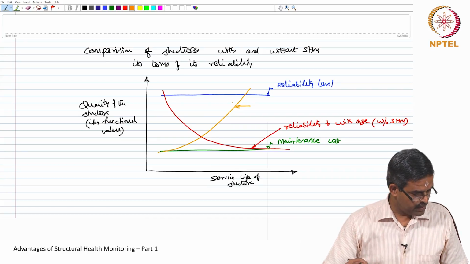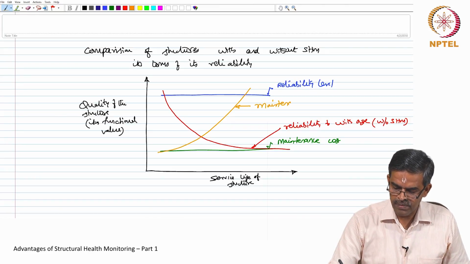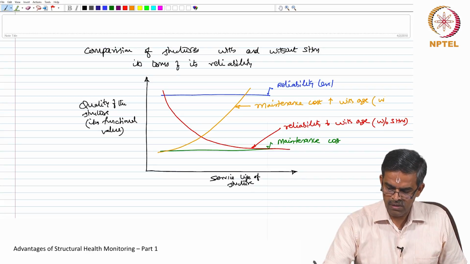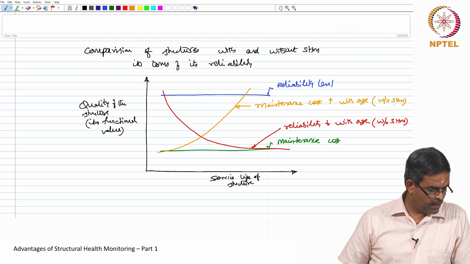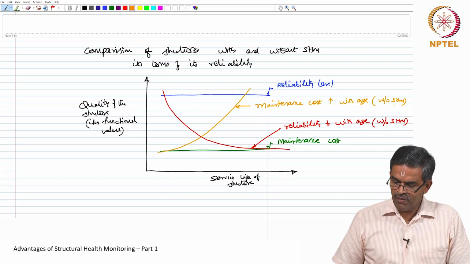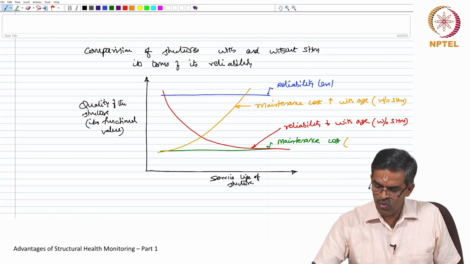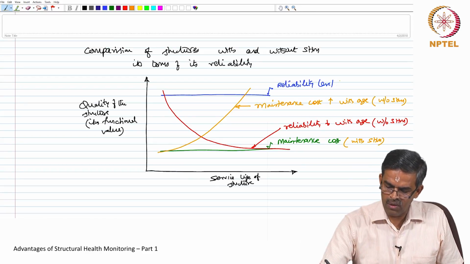The maintenance cost, however, will keep increasing with age when the structure is without SHM. On the other hand, when you have a system with SHM, you will see that the system will have more or less a constant maintenance cost and a standard reliability level.